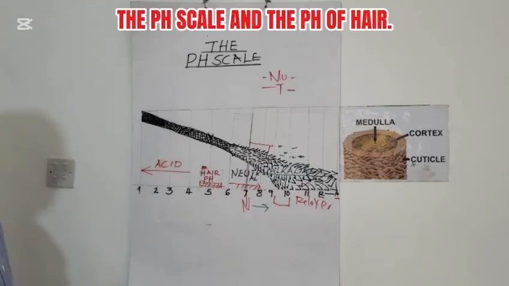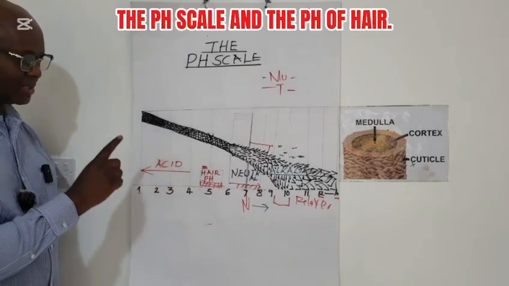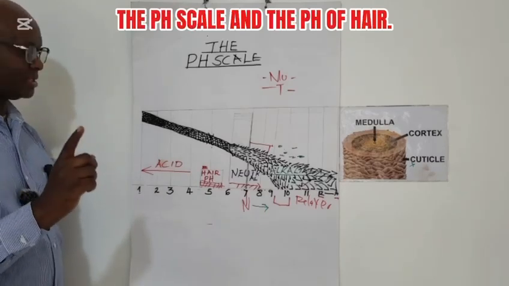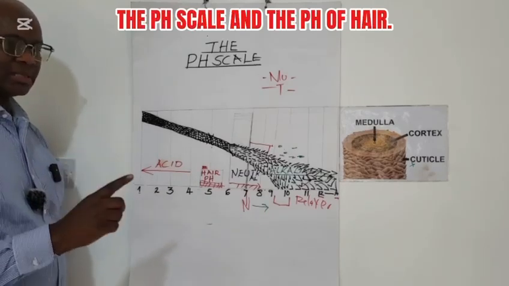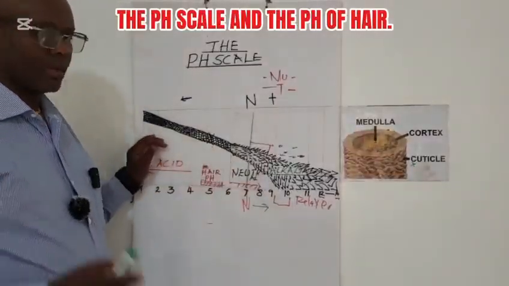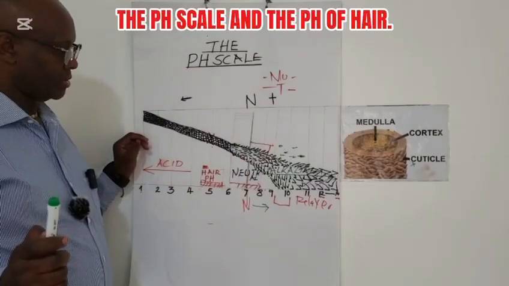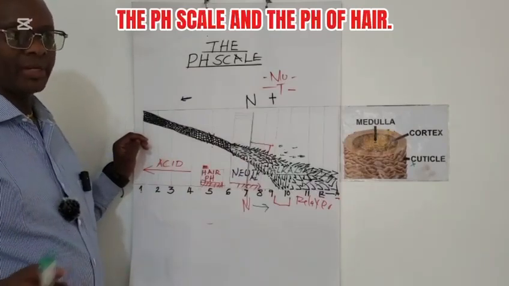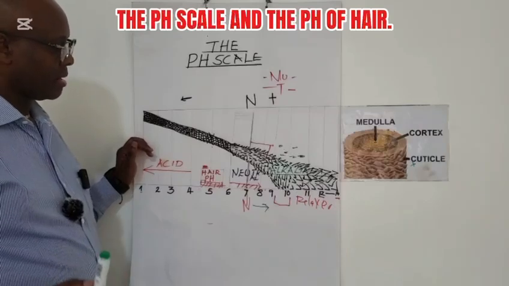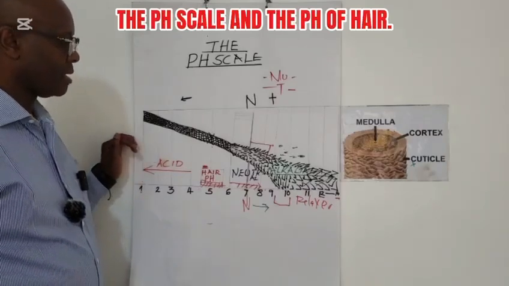I want to come back again and discuss pH in relationship to relaxer, or tell you why your hair can still break after relaxing. So let's just continue with this conversation of pH. But this time, we want to relate pH to why your hair will break after relaxing. And I had just mentioned something about us not getting back the hair where it's supposed to be.